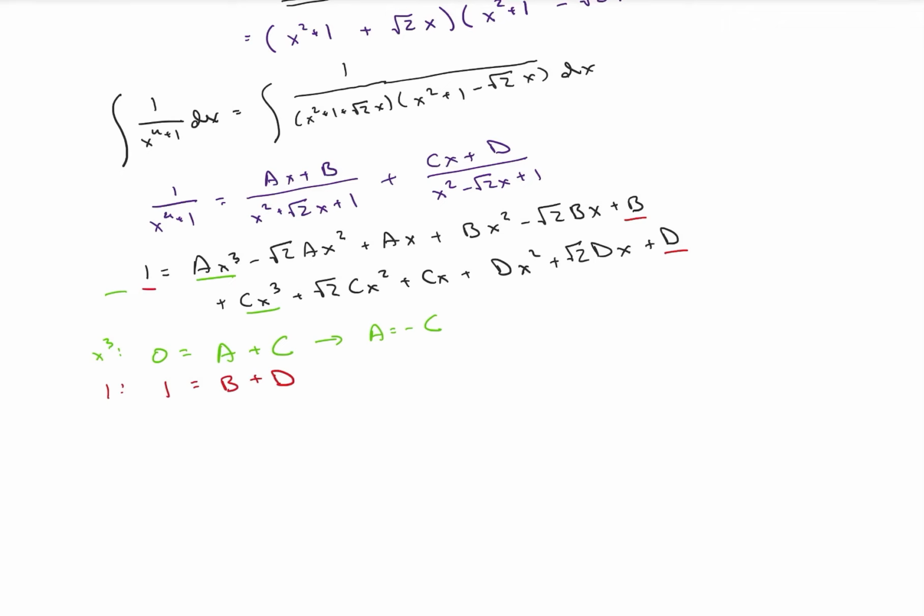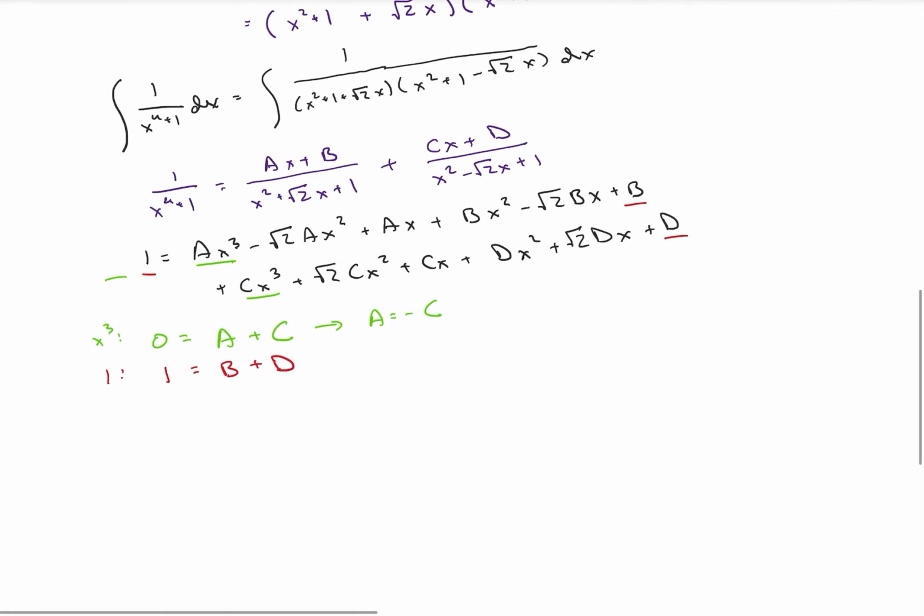Next, let's take a look at our x squared terms. For our x squared terms, on the left we have 0 again, and on the right we have negative root 2a plus b plus root 2c plus d, and that's equal to 0.